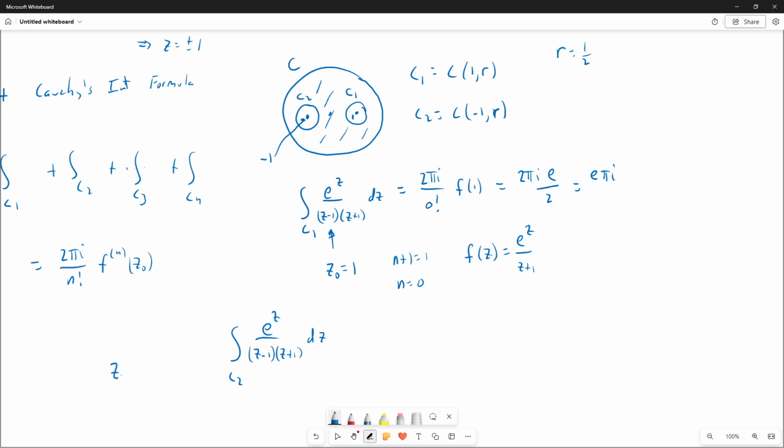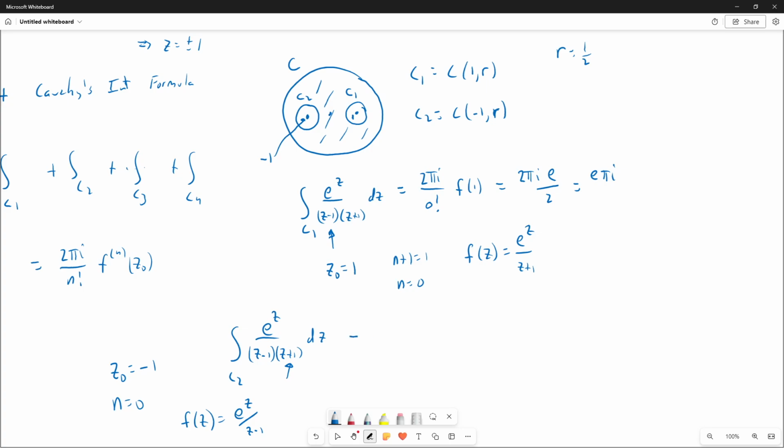So z0 in this case is -1. The power on here is the same as there. It's 1, so n is 0 again. And in this case, the f of z is everything except the z plus 1 factor. So e to the z over z minus 1.